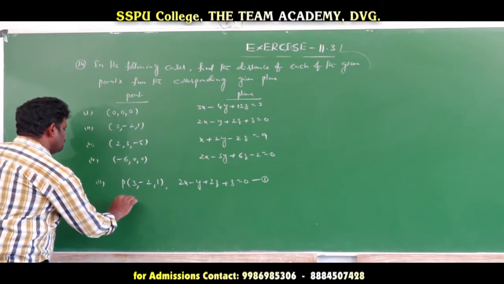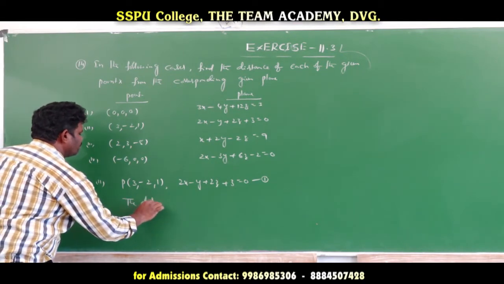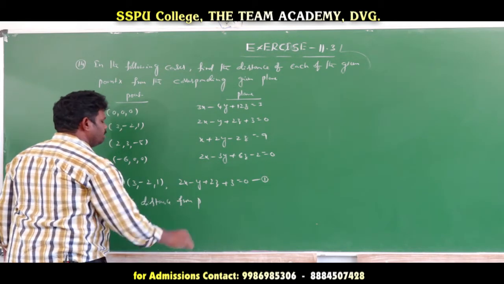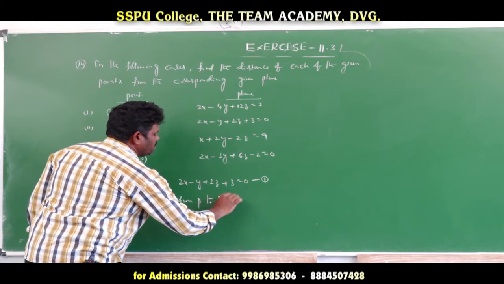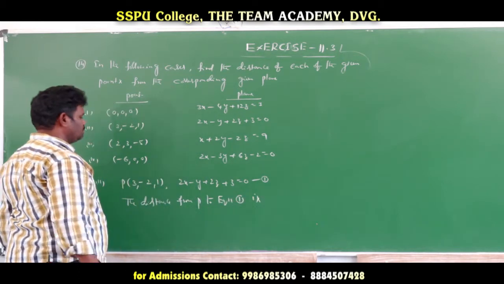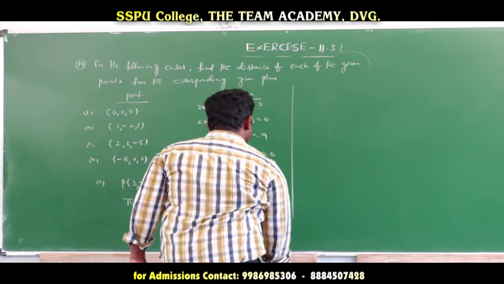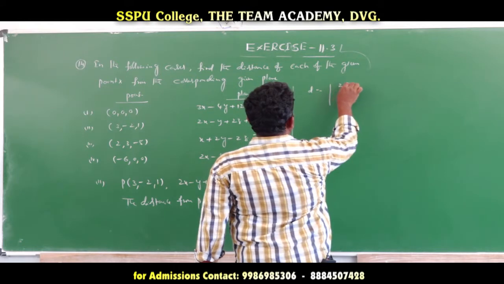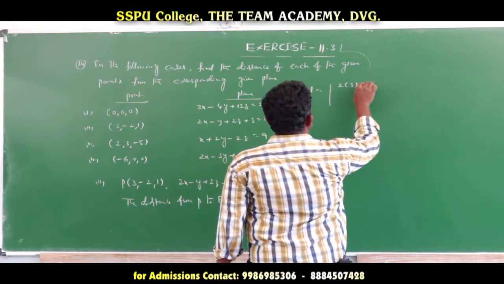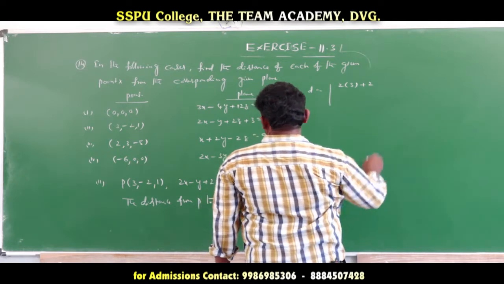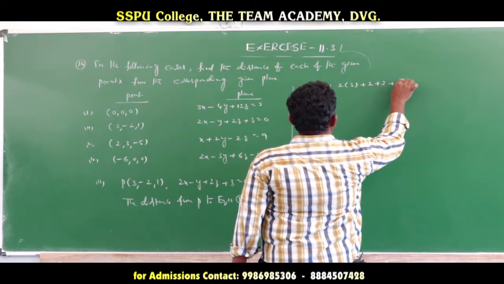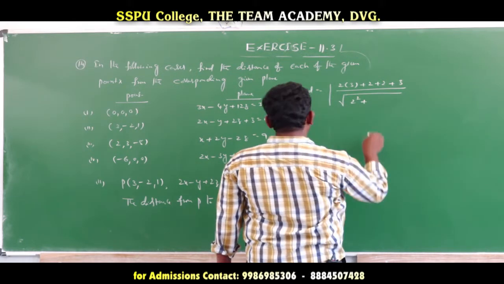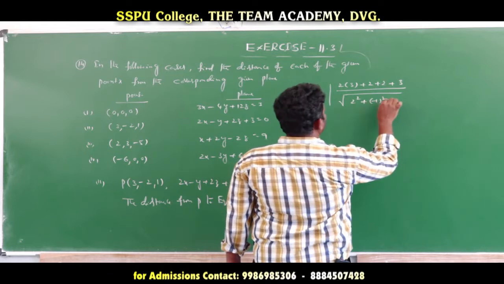The distance from P to equation 1 is d is equal to modulus of 2 into 3 minus 1 into minus 2 plus 2 into 1 plus 3, divided by the square root of 2 square plus minus 1 square plus 2 square.